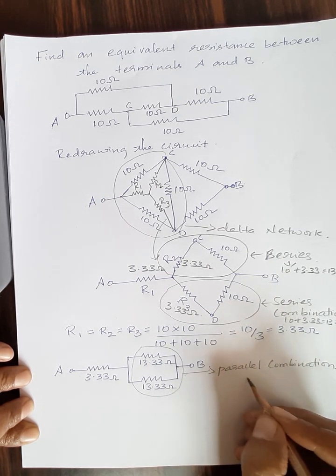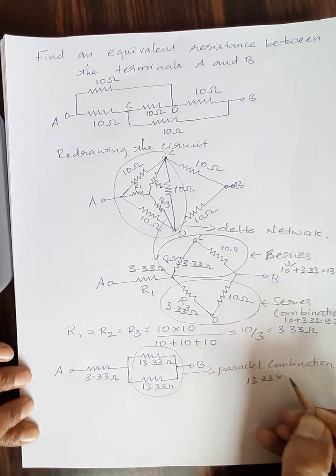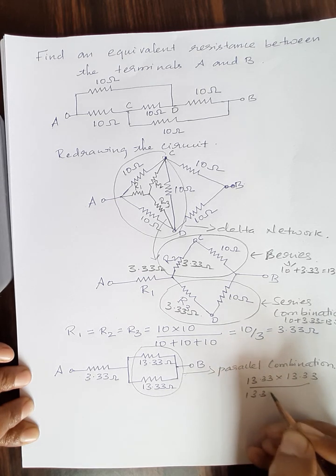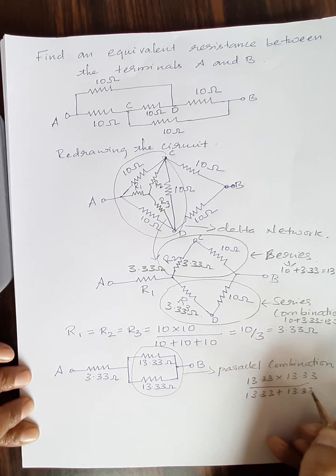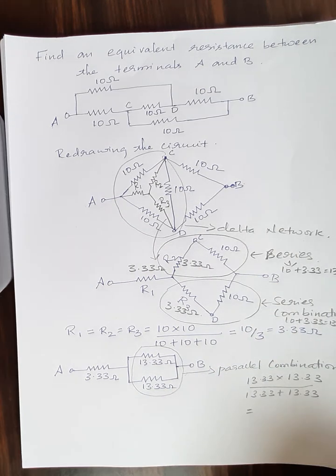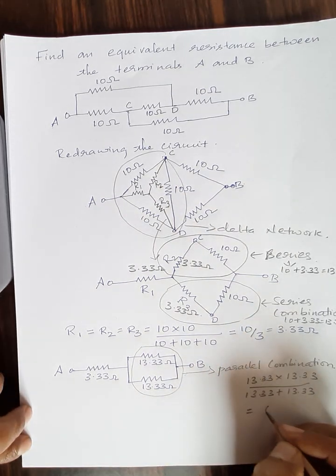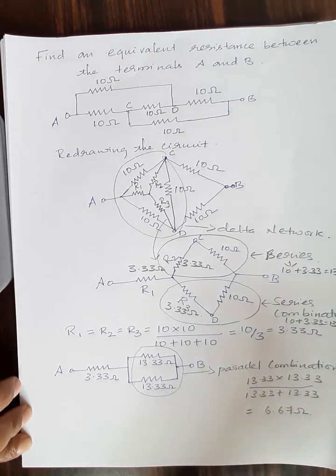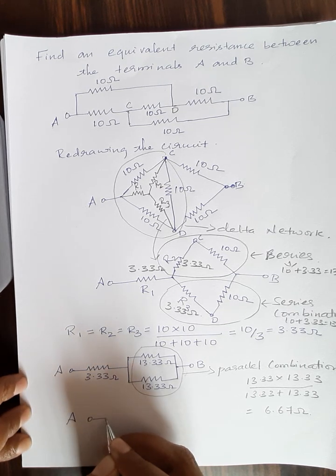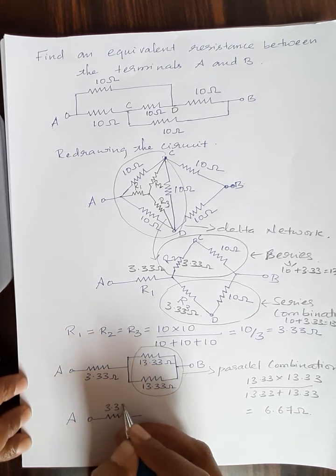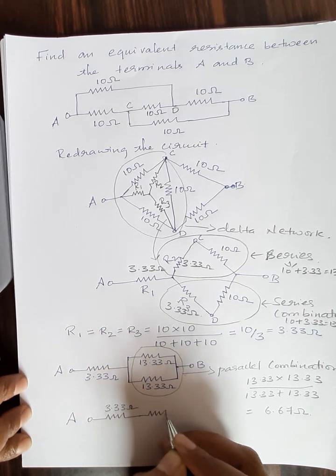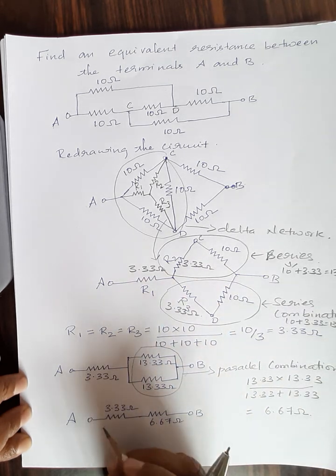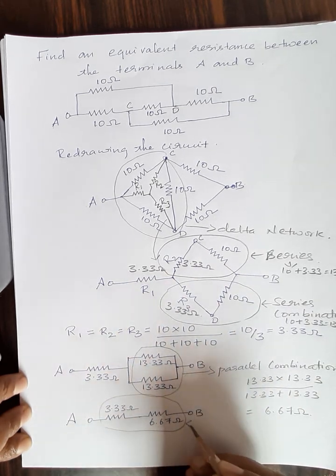So in parallel it will be 13.33 into 13.33 divided by 13.33 plus 13.33. When you calculate, you will get 6.67 ohms. Now replace this with 6.67 ohms in series with 3.33 ohms. Now these two will form a series combination.